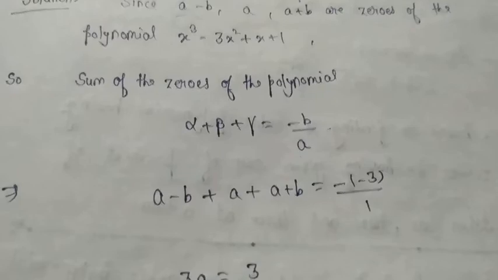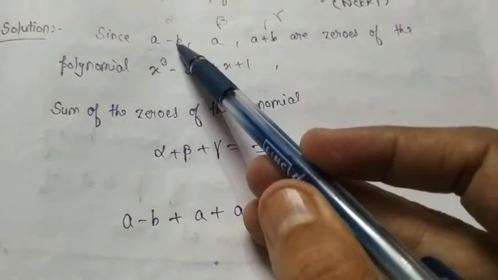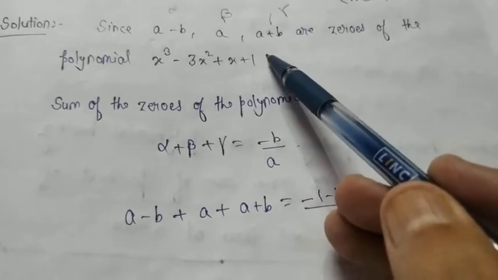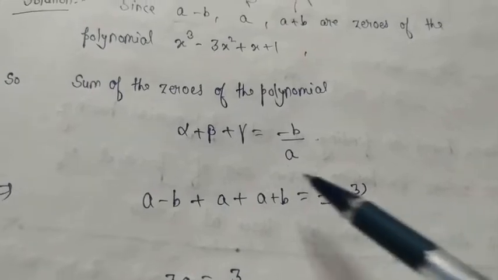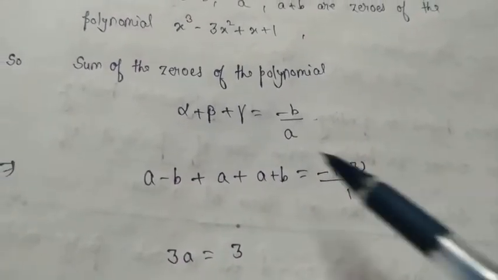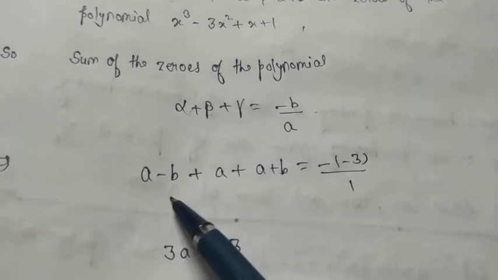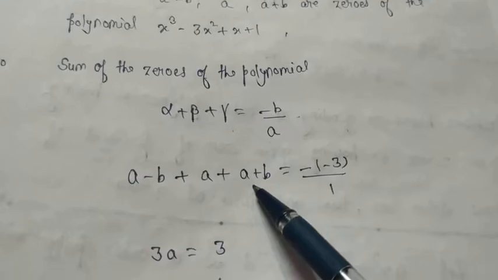So what I have assumed is this as alpha, this as beta and this as gamma. I will put all the values of alpha, beta, gamma in this formula. So the value of alpha is a minus b, the value of beta is a, and the value of gamma is a plus b.